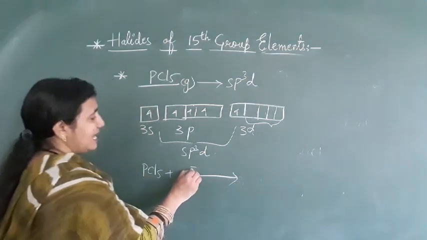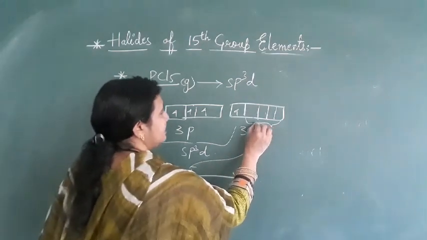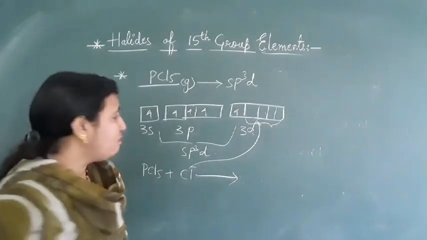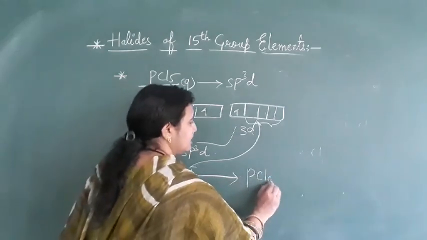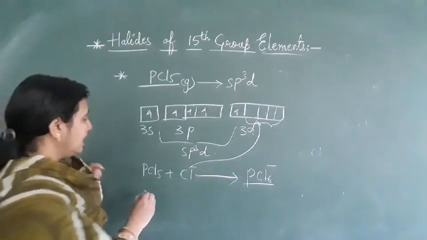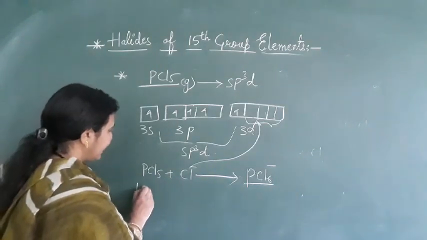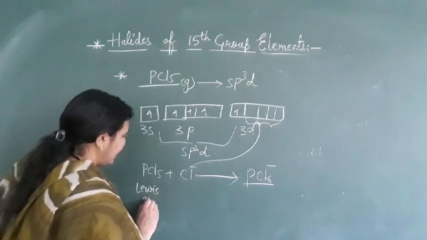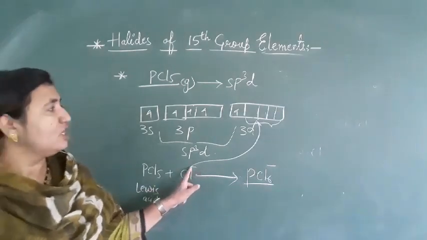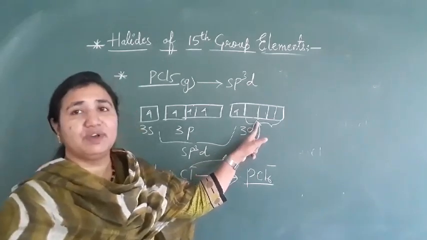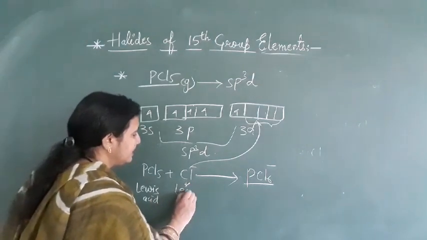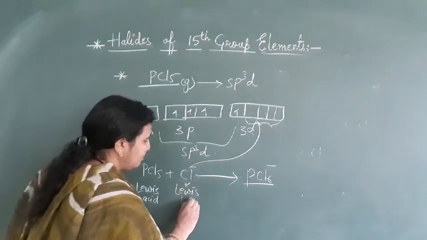The halide ion is accepted by phosphorus in its empty d orbital, forming an adduct, PCl6 minus. So PCl5 acts as a Lewis acid because it accepts a halide anion, an electron pair, and Cl minus acts as a Lewis base.